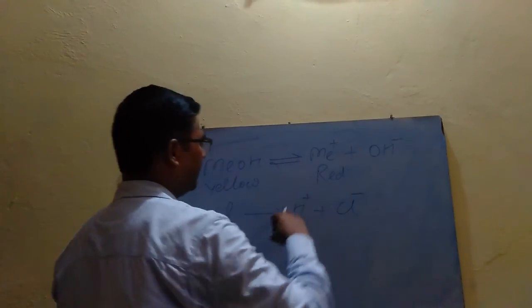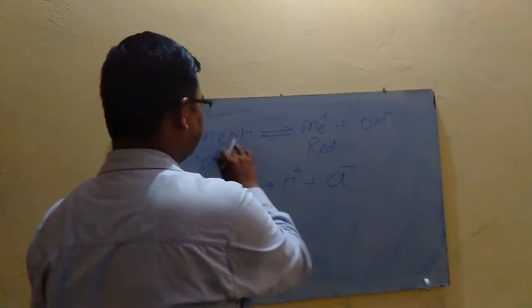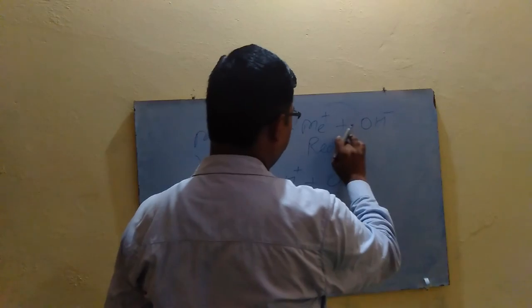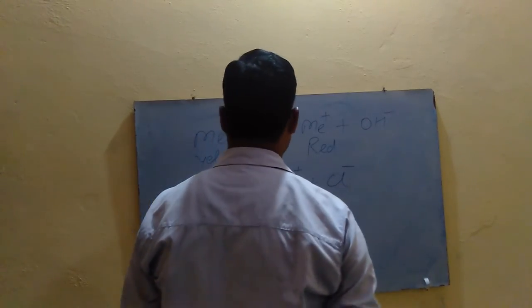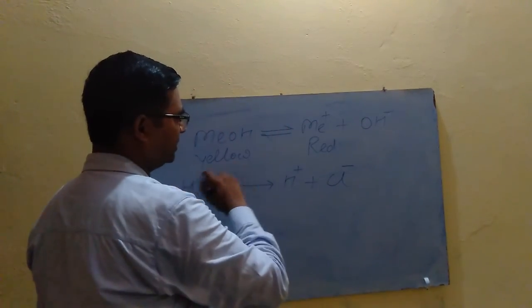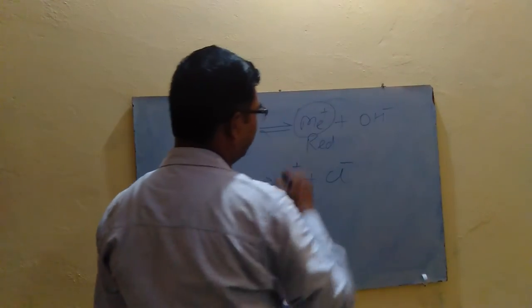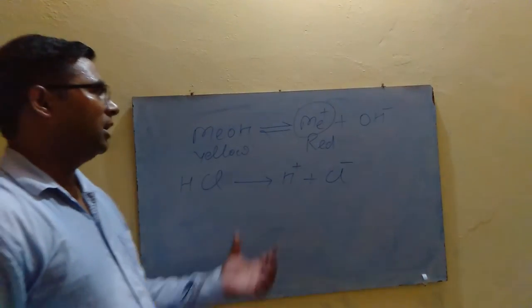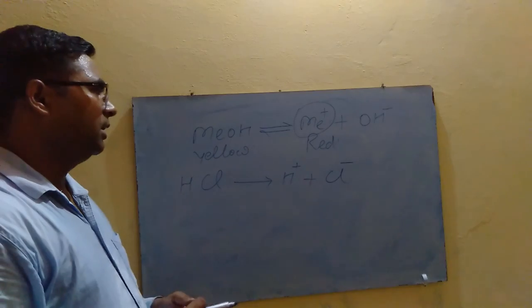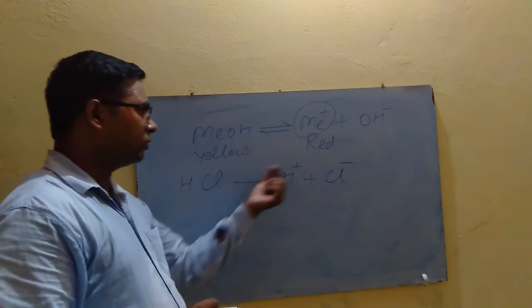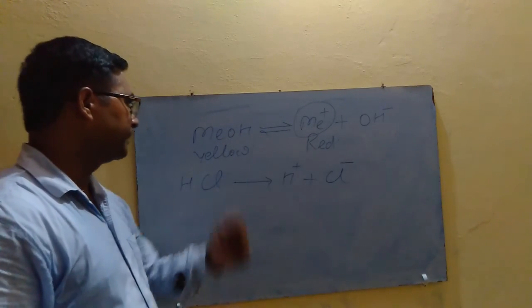To maintain the equilibrium, the rate of reaction in the forward direction will be more as compared to the reaction in the backward direction, and therefore the concentration of ionized molecule of methyl orange will be more. So the color of the solution in that case will be red.